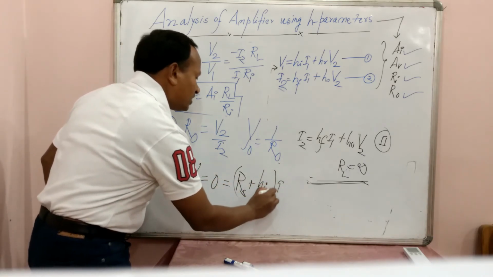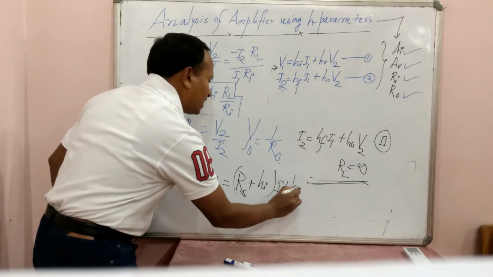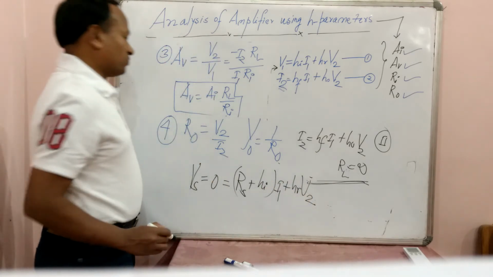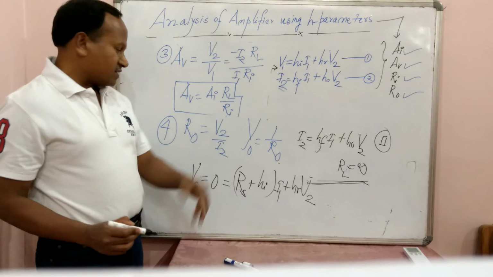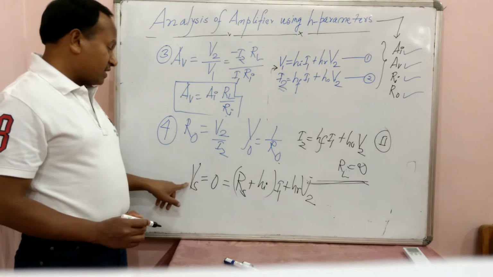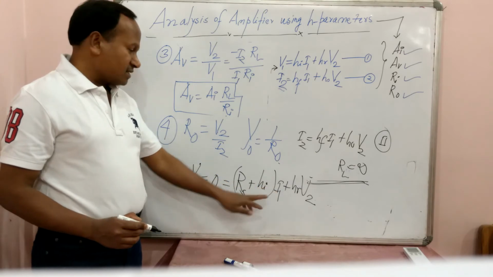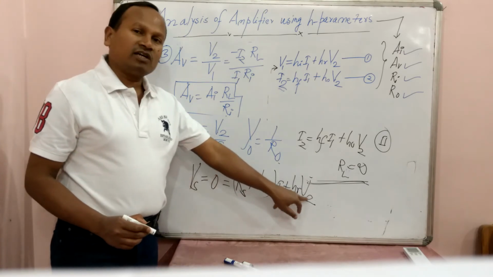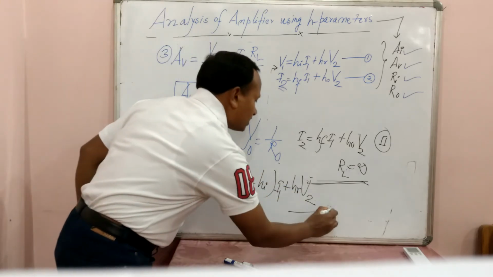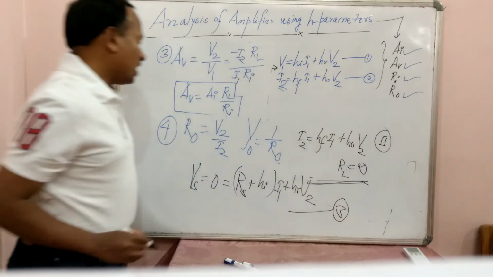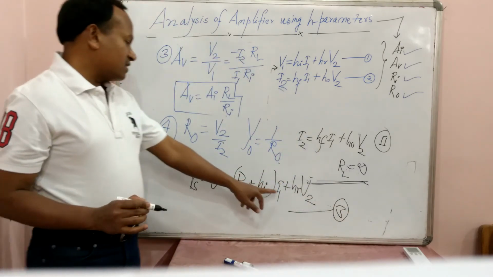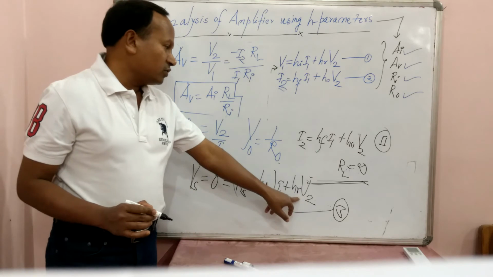What current is flowing here? I1. Then what next? HR into V2. See the first part of the equivalent circuit: your source voltage is written as Rs plus Hi. In both the resistances, the same current is flowing, plus HR into V2. This is the third equation.